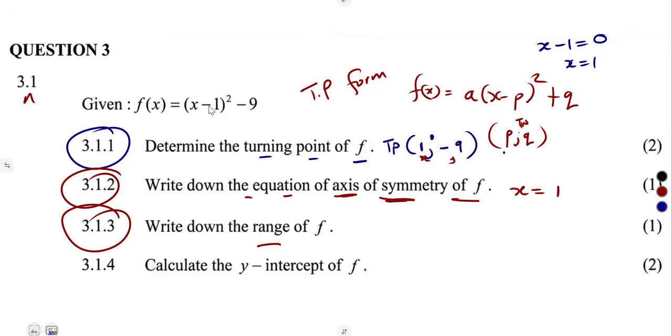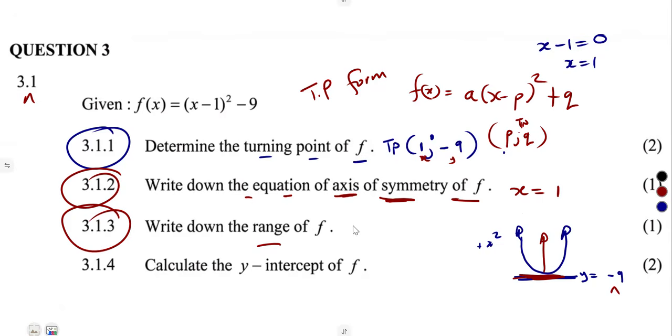Remember, when the x squared is positive, it means our graph is concave up, so it has a minimum turning point. The y value at the minimum turning point is -9. But this graph goes up. From -9, it is limited at the turning point going up.